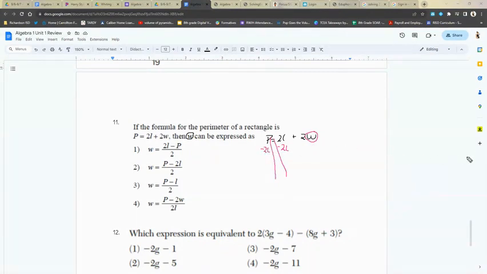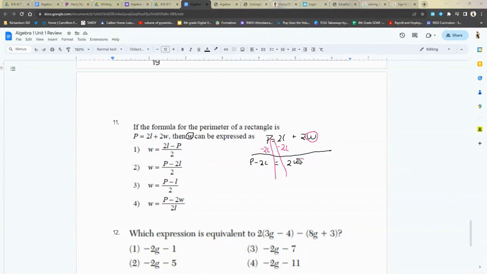So that will allow me to write this as P minus 2L equals 2W. And then we're still trying to get W by itself.